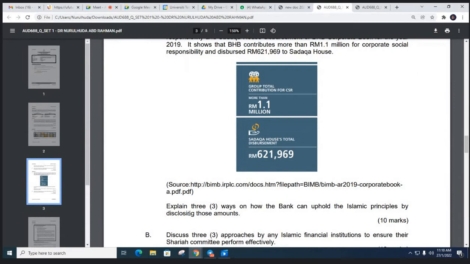To show that they are fulfilling their responsibility to the community. Okay. Responsibility to community, nak kaitkan dengan Islamic principles yang mana?